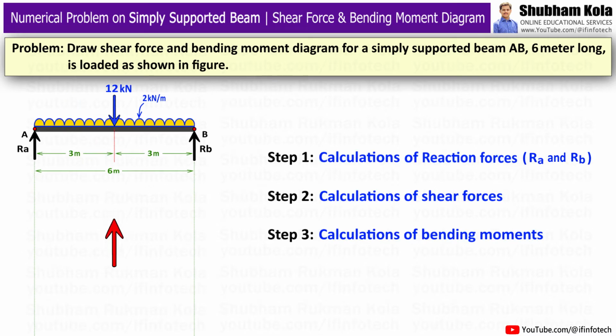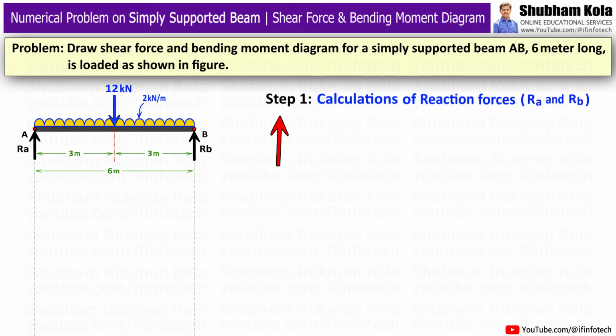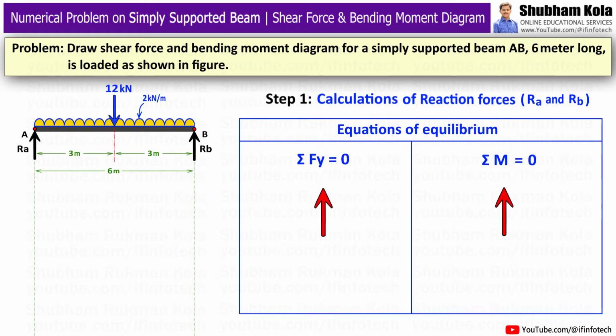Now this type of problem we are going to solve in 3 steps. In the first step, we have to calculate the values of support reaction forces RA and RB. To calculate these values, I will use 2 equations of equilibrium, where the first equation is summation Fy equal to 0.